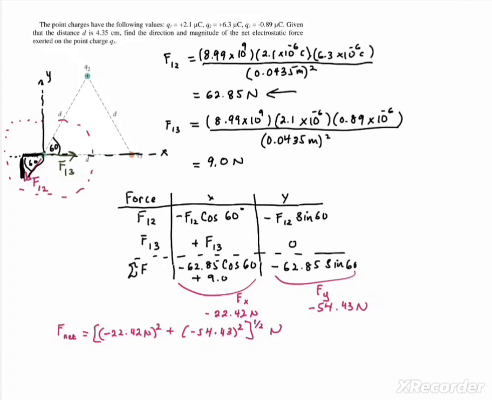And then we have to find the direction, because we have to find direction and magnitude. So this would be the magnitude, and you can figure out what this number is by plugging it into your calculator.